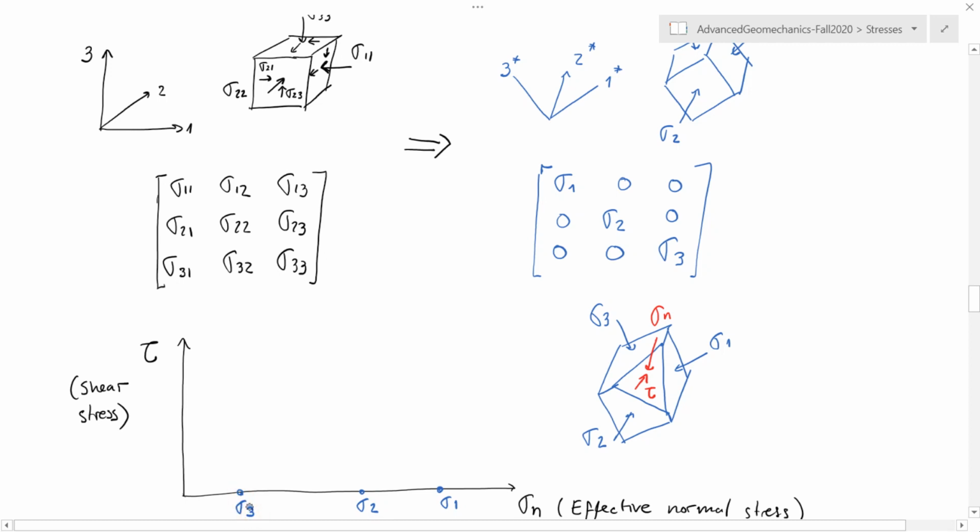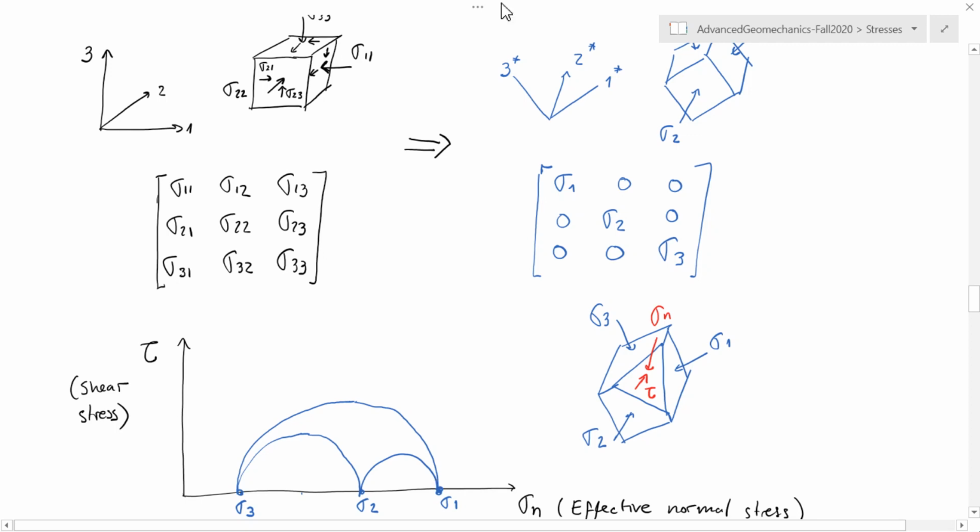In order to draw this Mohr circle, the only thing that we have to do is to join these points or these principal stresses with circles, and the result is going to be an area bound by these three circles.